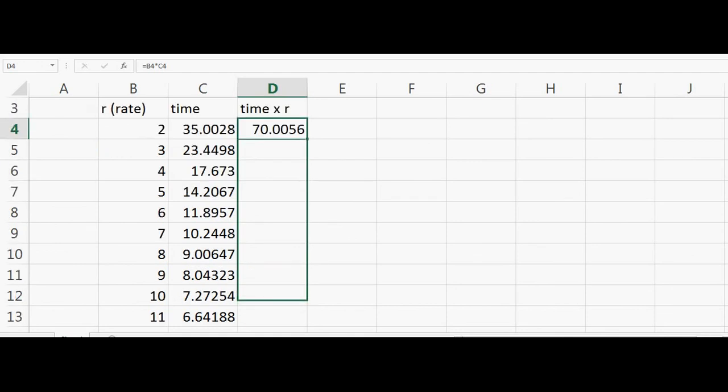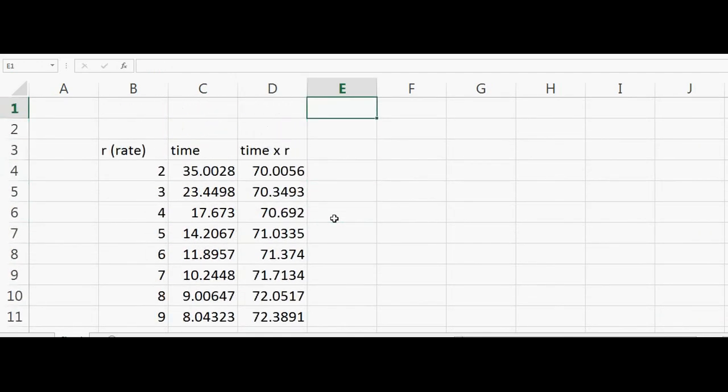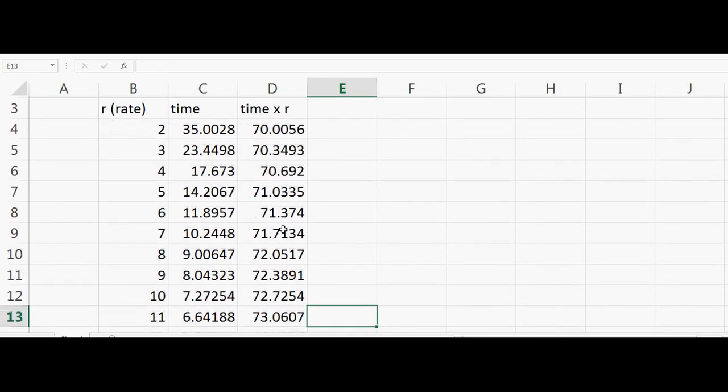If you keep doing this, you will see that all the numbers are close to 72. So 70.3, 70.6, 71. So if we approximate the number to be 72, then instead of using 70.005, I will always use 72.